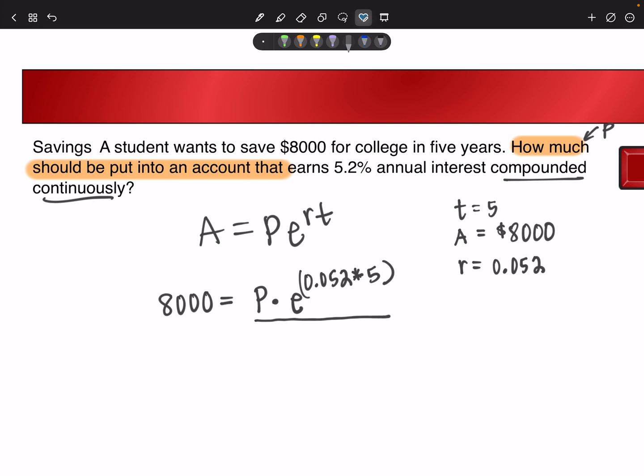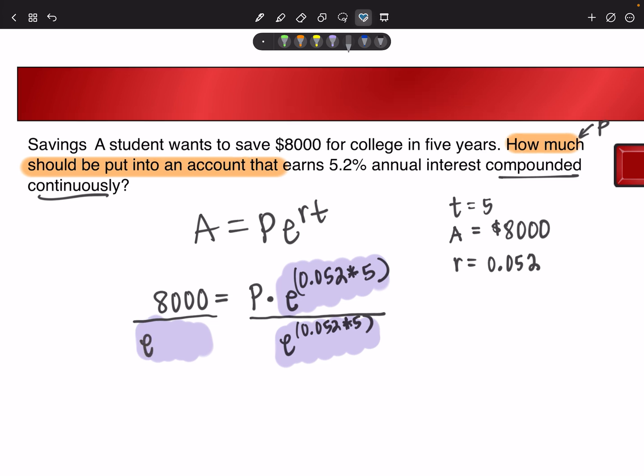I can put that into my calculator first, but then I'd be rounding within rounding. So I'm going to do a little algebra. If I divide by whatever this number is on both sides, and I don't actually do the calculation in my calculator until I'm ready to solve for P, I would get P equals 8,000 divided by e raised to the 0.052 times 5 power.